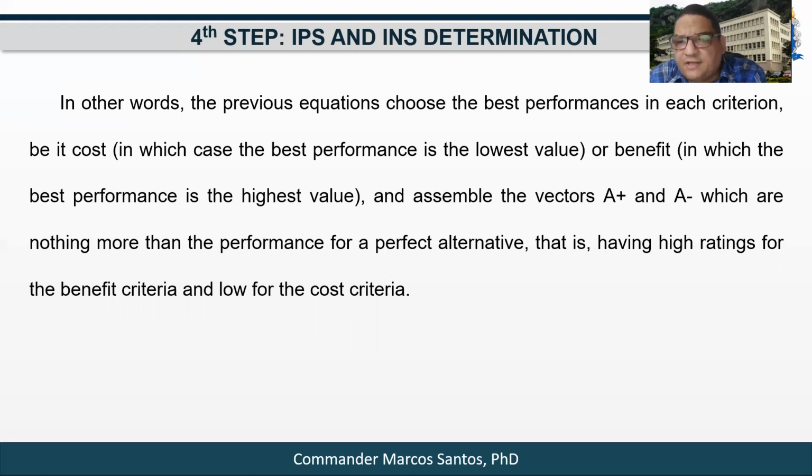And we assemble the vectors positive A and negative A, which are nothing more than the performance of a perfect alternative. That is, having high ratings for the benefit criteria and low ratings for the cost criteria. So I was very careful in this explanation.